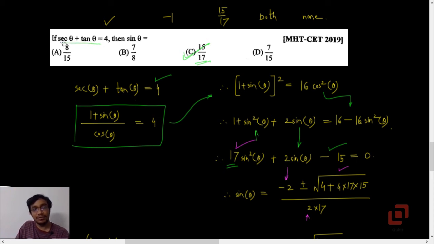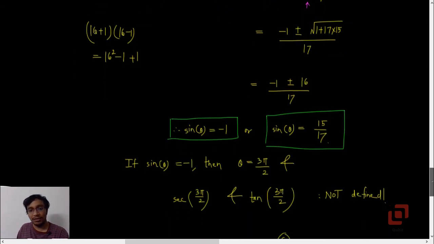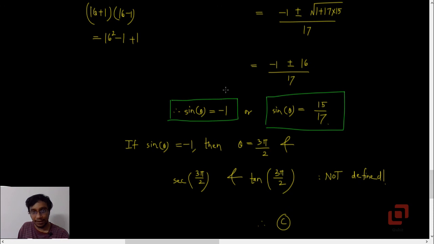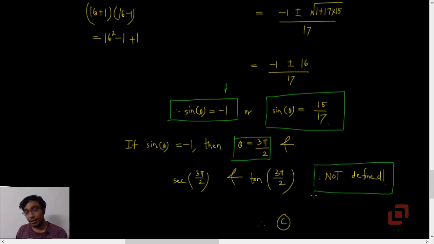The addition of these two ratios is a finite number. But if you consider sine theta to be minus 1, it implies that theta is 3 pi by 2, one of the values. But are sec 3 pi by 2 and tan 3 pi by 2 defined? No, they are not defined. So if these are not defined, how can their addition be 4?